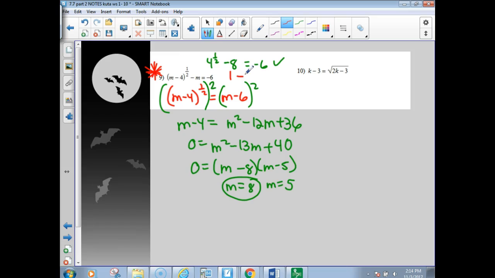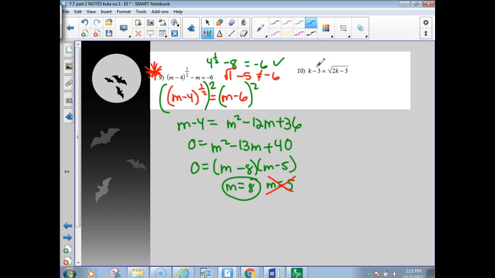Wait, 5 minus 4, that'd be the square root of 1 minus 5 equals -6. No, that's not going to work. It's going to give me -4. These aren't equal. So we only had one solution.